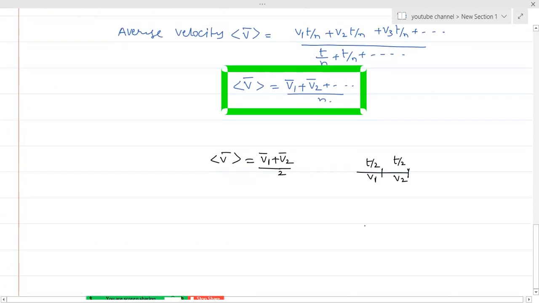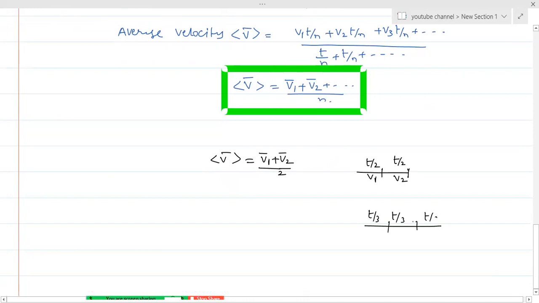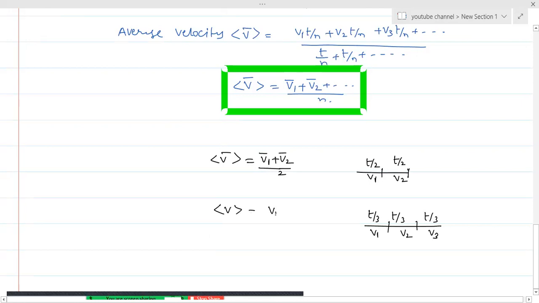Similarly, if we have 3 segments, t by 3, t by 3 and t by 3, the first is with v1, the second with v2, and the third with v3. Then the average is v1 plus v2 plus v3 by 3. So in this way, we will find average velocities. This is the difference between average speed and average velocity.